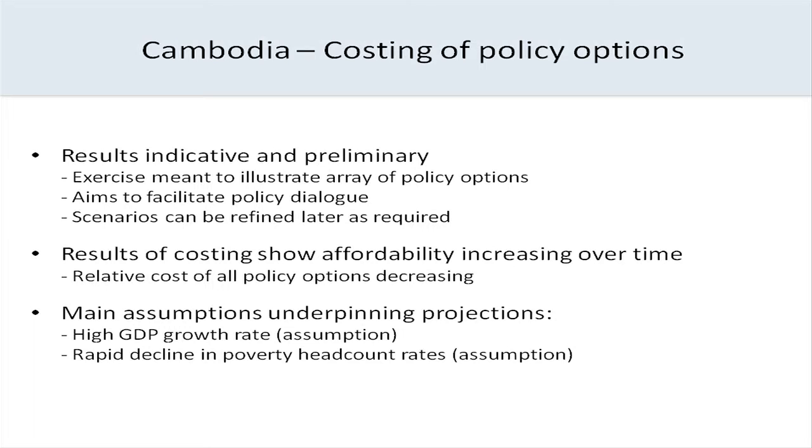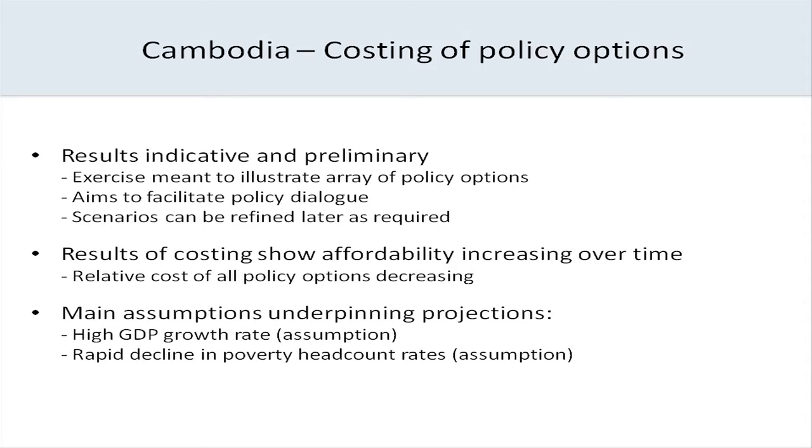But they also show that if our assumptions materialize, that we have a high GDP growth and a decrease in the poverty rates, some of these options are affordable in the short to medium term. But I have to stress again the assumptions. We have assumed a sustained GDP growth and a rapid decline in the poverty headcount rate.